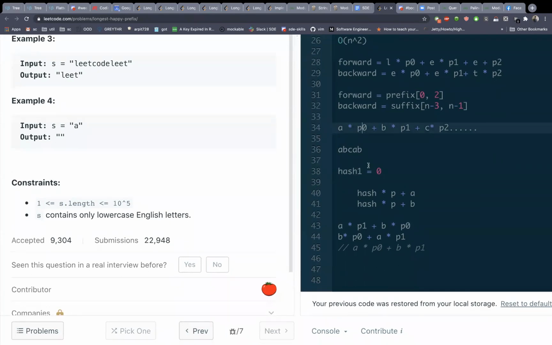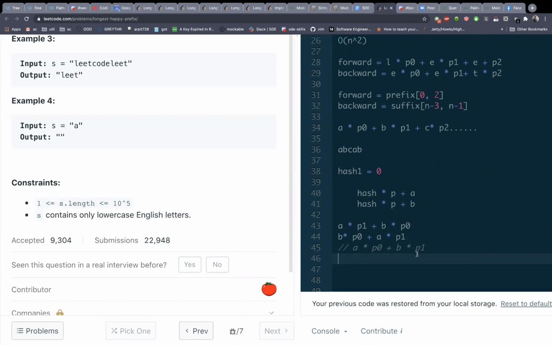Correct. Yeah, so maybe I should reiterate the problem that we are facing. When we calculate hash from forward to backward, at the same time we need the hash for the same number of characters from backward as well. That's the problem we are facing, right?